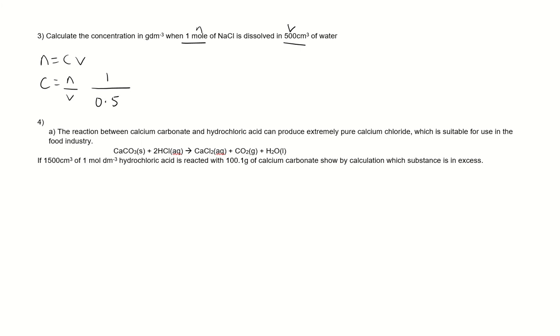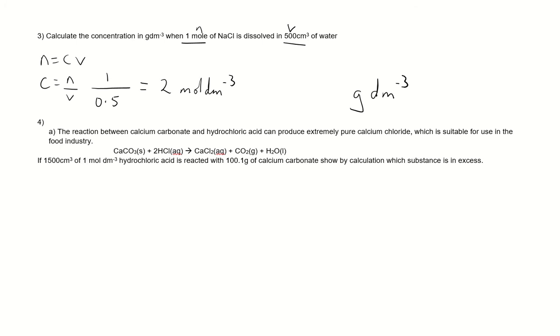Done 500 divided by 1,000. That gives me 2 moles per decimeter cubed. Now, since I'm looking for a unit in grams per decimeter cubed, I can see the volume hasn't changed.